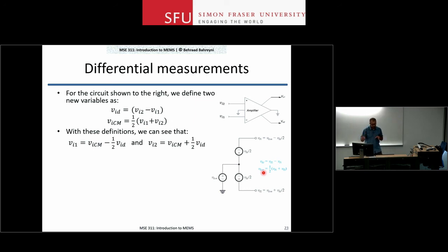When I apply superposition, I can keep VID only in my circuit and look at the difference, VID applied to one input minus VID applied to the second input. That's one problem. The second problem is when I apply VICM at the same time to both inputs.